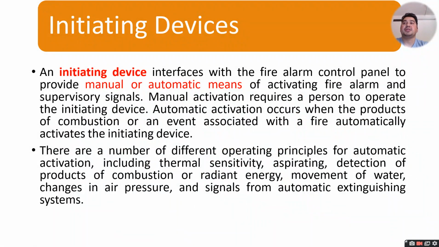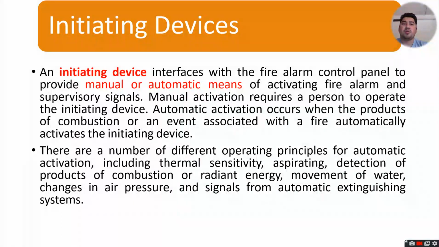Now, initiating devices. What are the initiating devices? Initiating devices interface with the fire alarm control panel to provide manual or automatic means of activating fire alarm and supervisory signals. Manual activation requires a person to operate the initiating device. Automatic activation occurs when the products of combustion or an event associated with the fire automatically activates the initiating device.